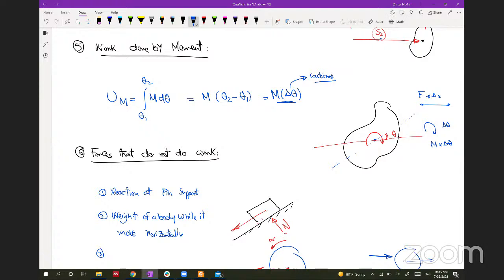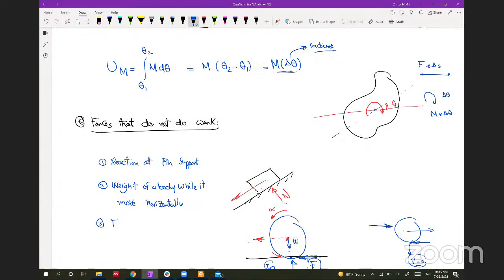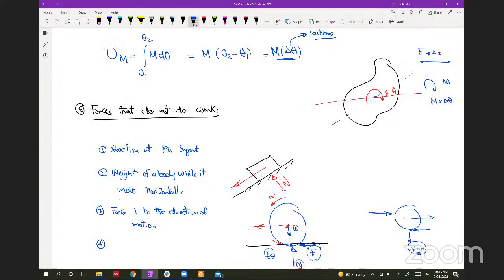And number 3, force perpendicular to the direction of motion. And number 4, friction on a rolling body.